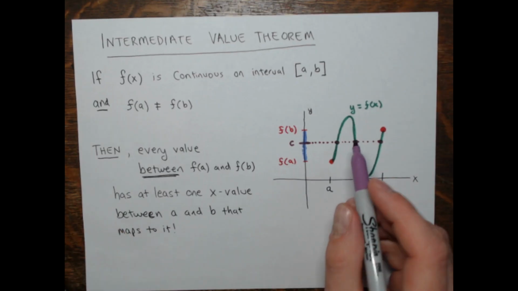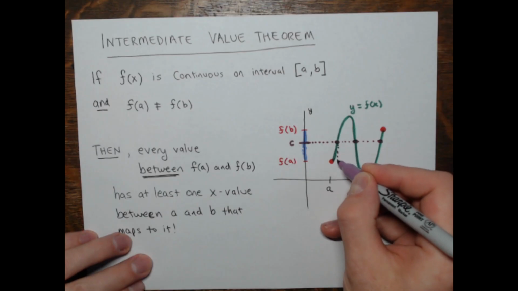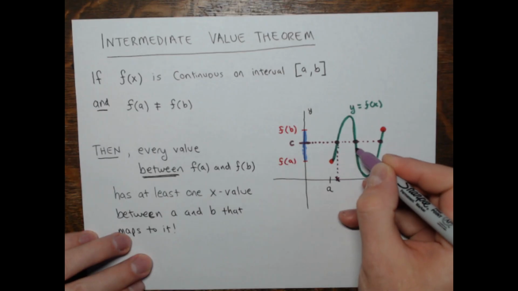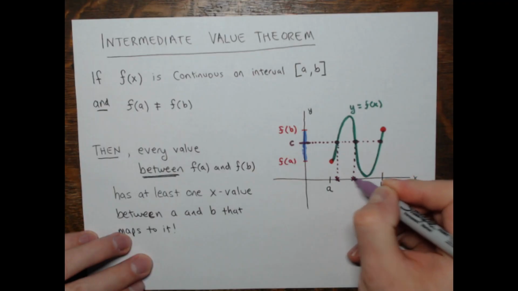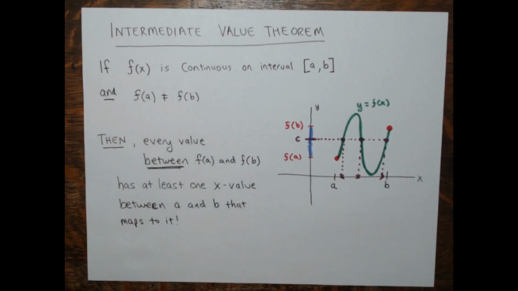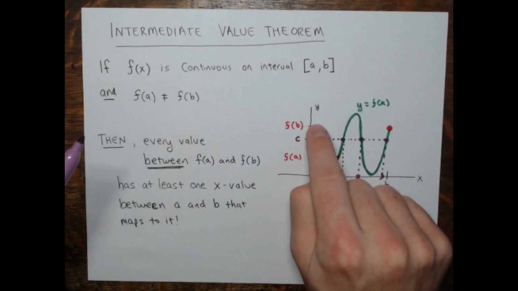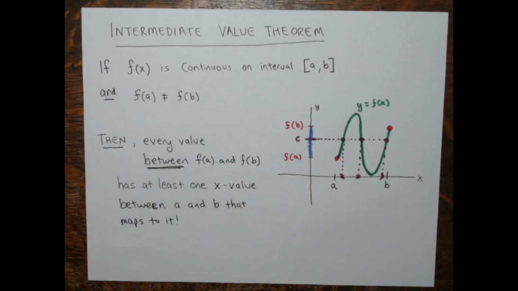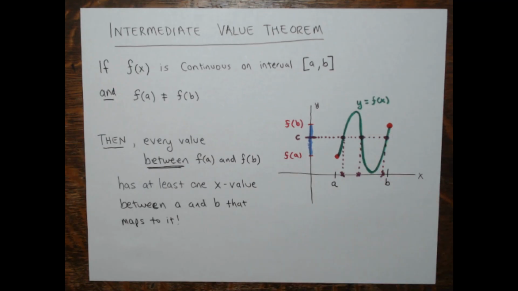There should be at least one value on the x-axis. There's one, there's two, there's three that map to that output. And that should work for any value in between those values at the ends, f of a and f of b.